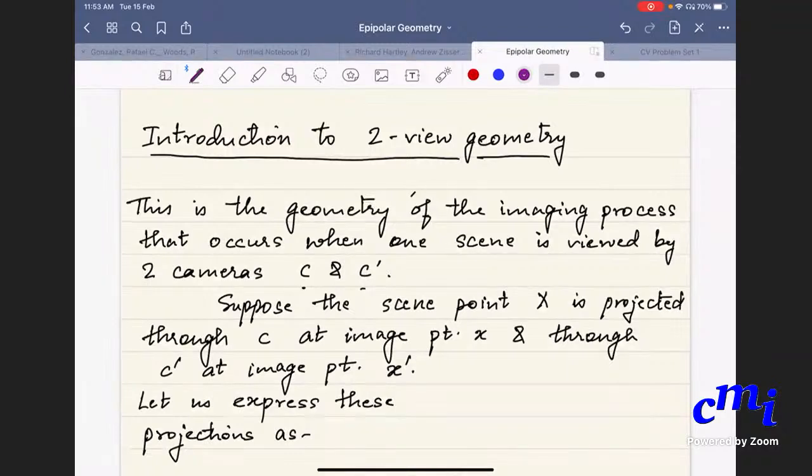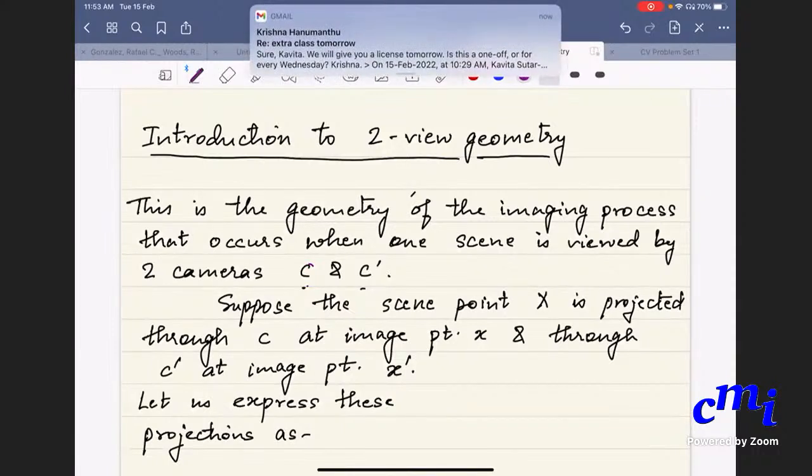So the assumptions and notations should be noted because we will be using them throughout the notes. You have a scene point capital X, and the cameras will be denoted by C and C prime. Capital C can stand for the camera as well as the camera center.